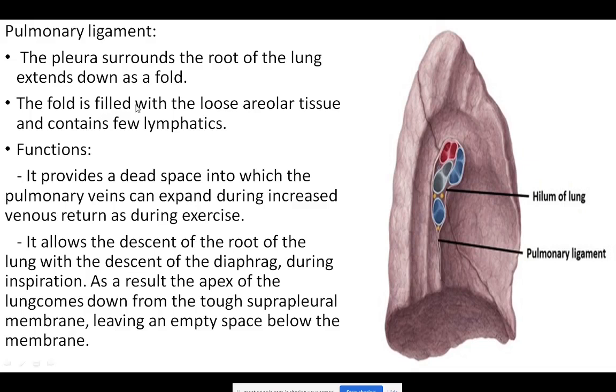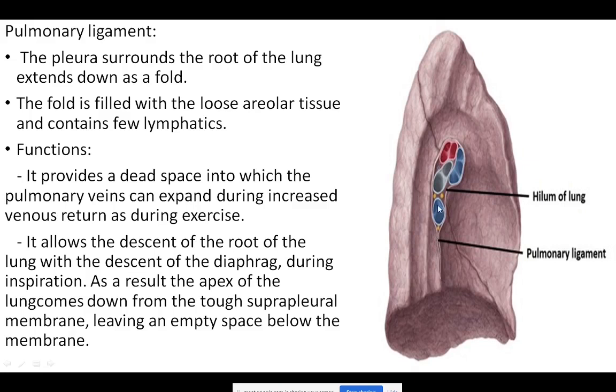Then the fold is filled with loose areolar connective tissue and contains few lymphatics. What is the function of this pulmonary ligament? It provides a dead space into which the pulmonary veins can expand during increased venous return during exercise.